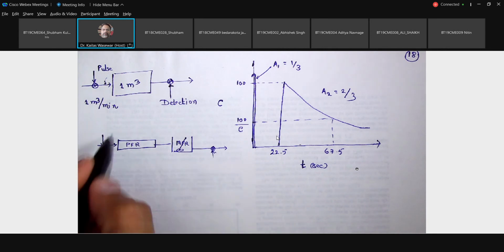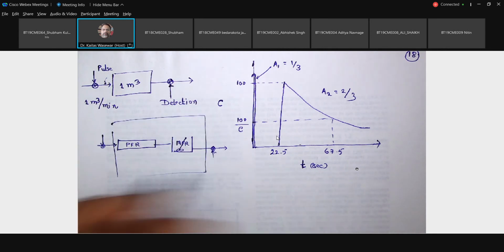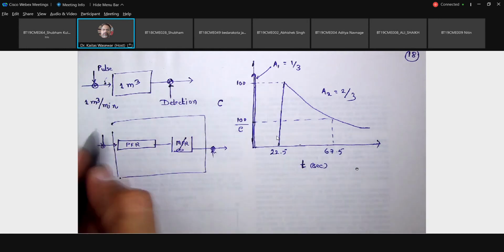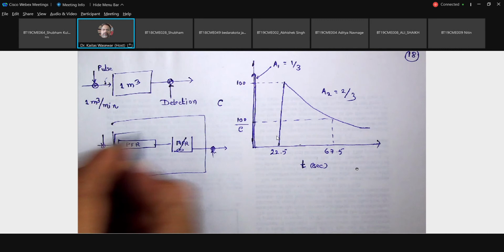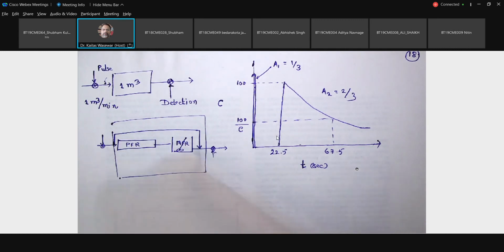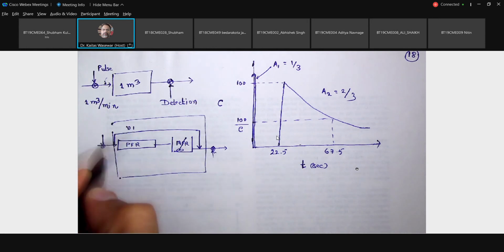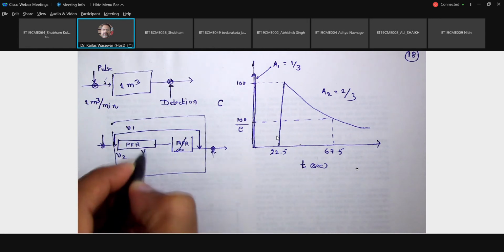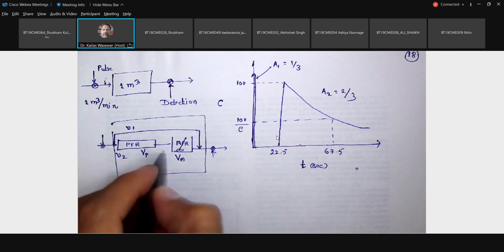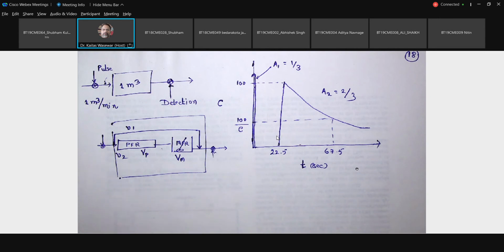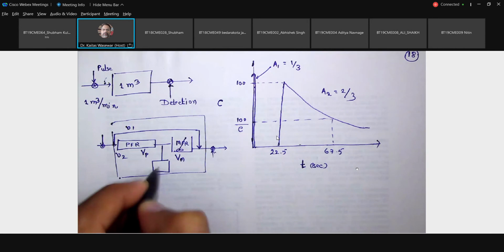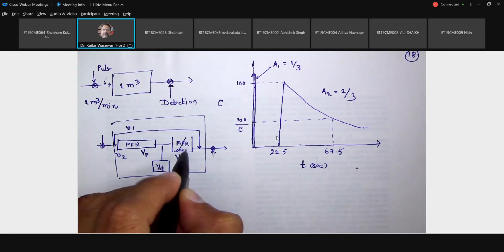So this is our model of this particular system. But there is a quick bypassing of this one, reaching to the detection. That means this is V1, this is V2, this is capital VP and capital VM. And also there may be the dead volume that we have to calculate. There may be possibly, and this configuration may be in some different way.